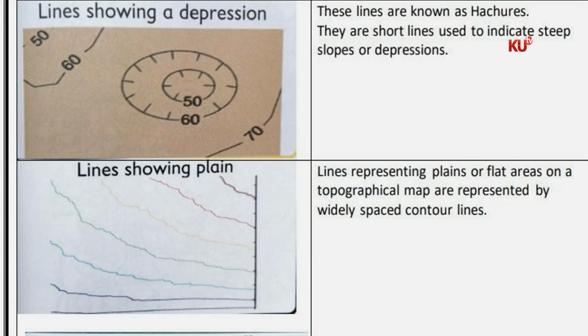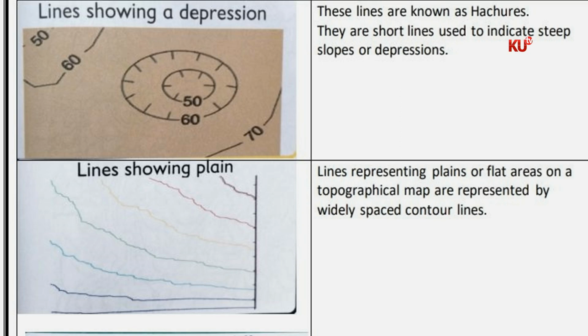And then plains on a map, we use widely spaced contours. And then number 5, we have cliff.